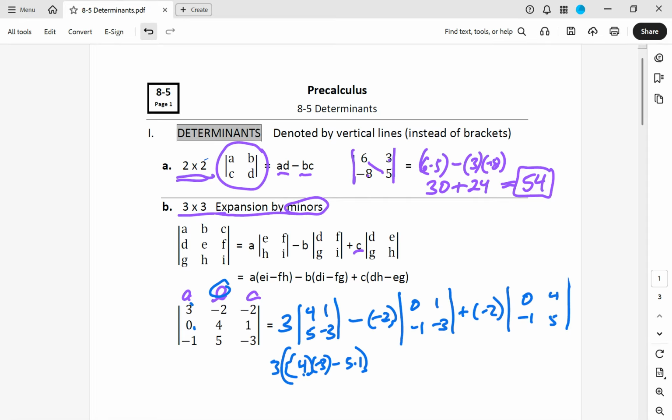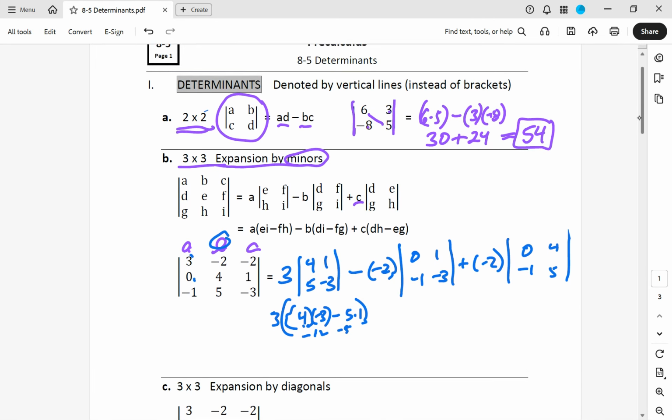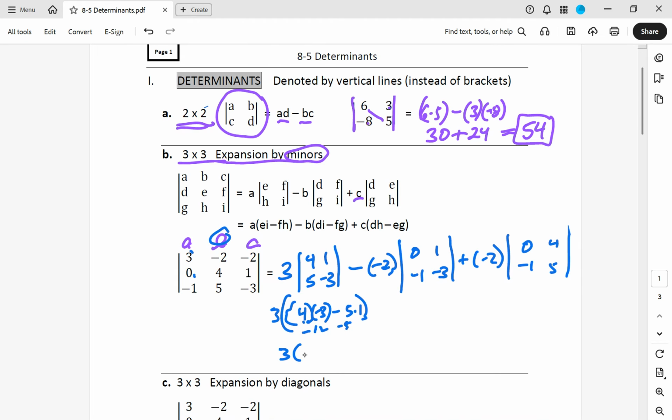So 4 times negative 3 is negative 12 minus 5. That is negative 17. So we have 3 times negative 17. Over on this one, we're going to have a plus 2. And we're going to have 0 times negative 3 is 0.